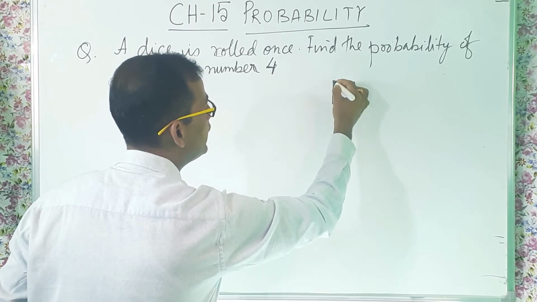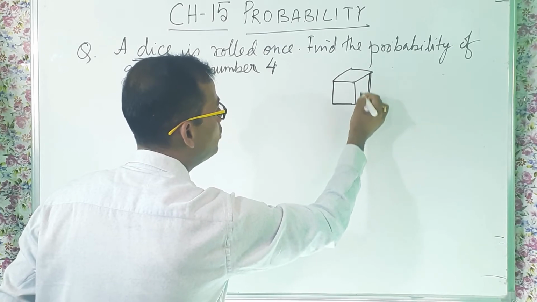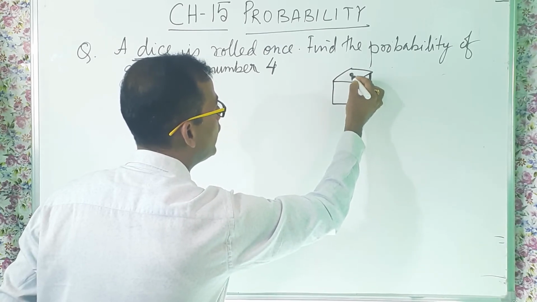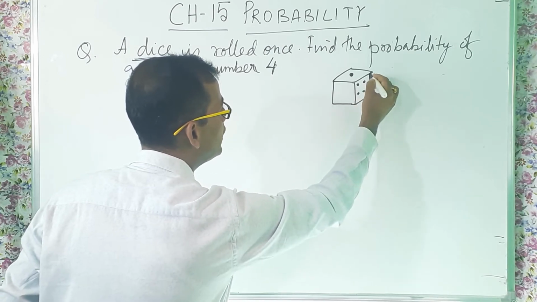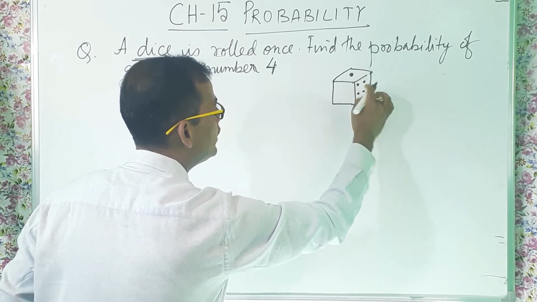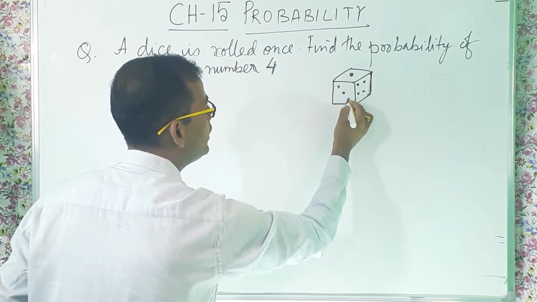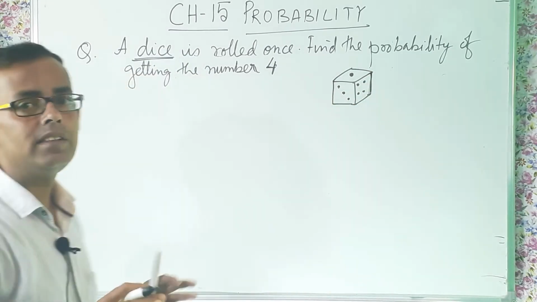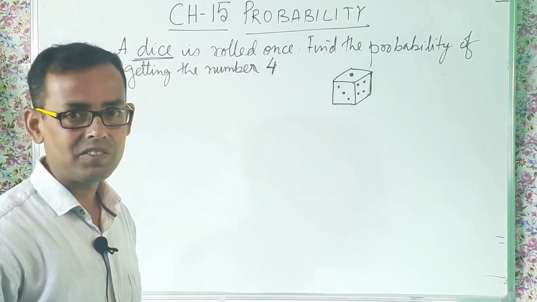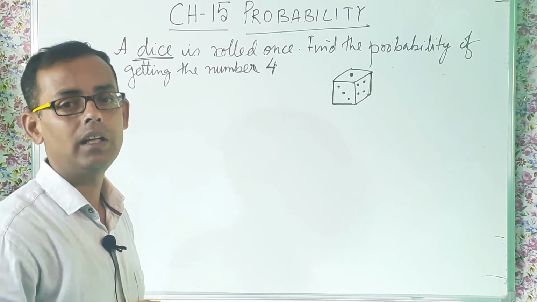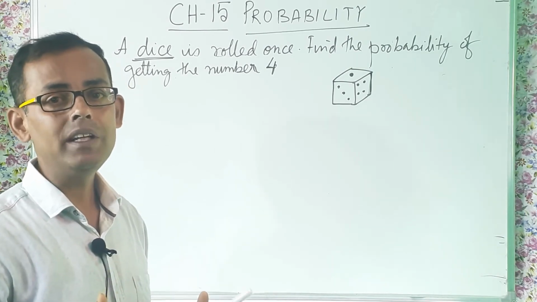This is a Ludo dice which you used to play at home. In a dice, how many faces are there? It is a cube, so there will be 6 faces. Each face 1, 2, 3, 4, 5, 6. So total outcome will be 6.